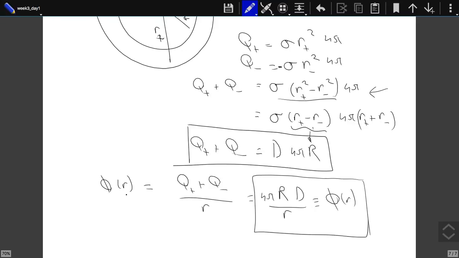No, the product, D goes to 0. That's the limit we are taking. But at the same time, sigma also goes to infinity in such a way that their product is finite. D capital. Yeah, D capital is finite, yes.